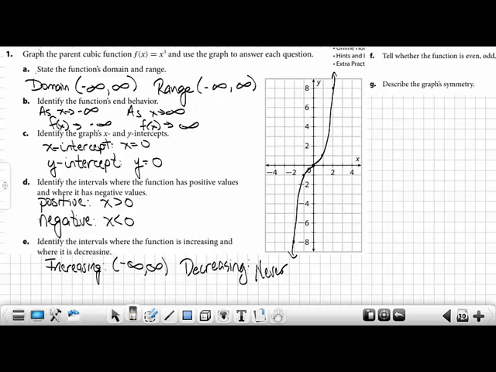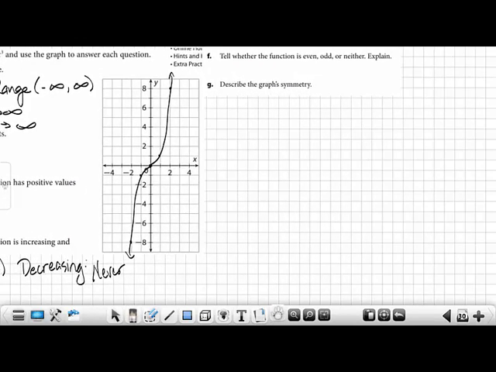Okay. Tell whether or not the function is even, odd, or neither. Explain why. Is the function even, odd, or neither, and explain why? Elias, your answer was wrong as you raised your hand.